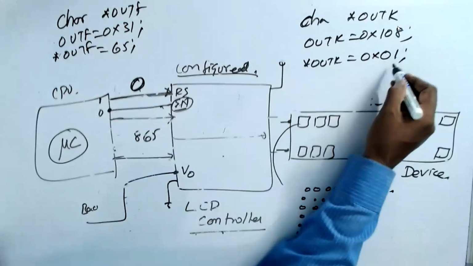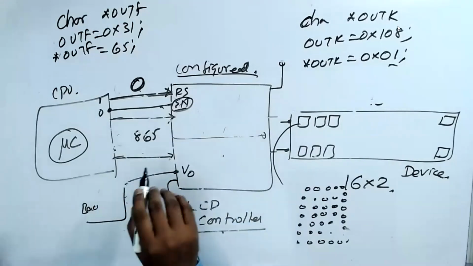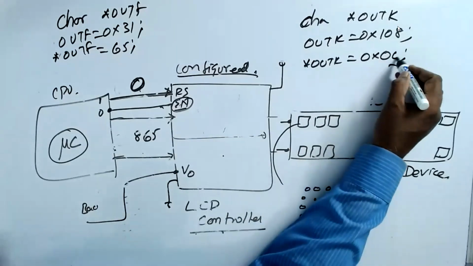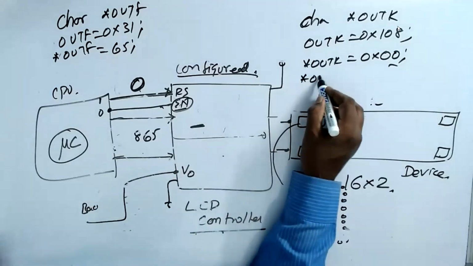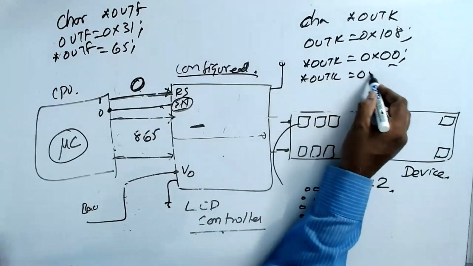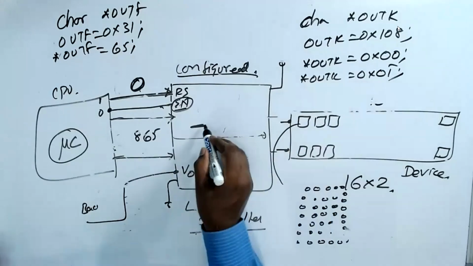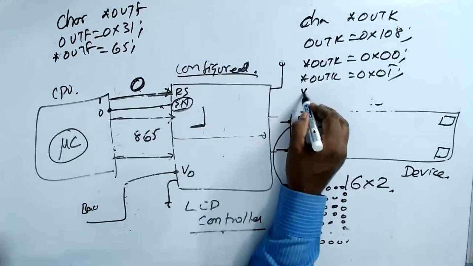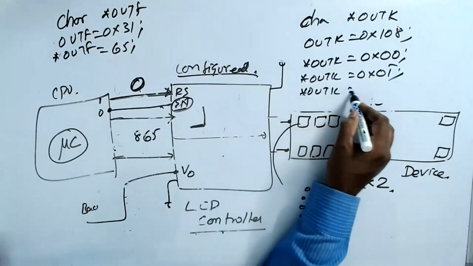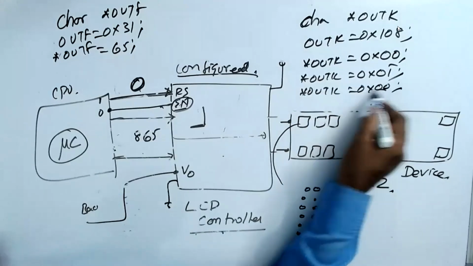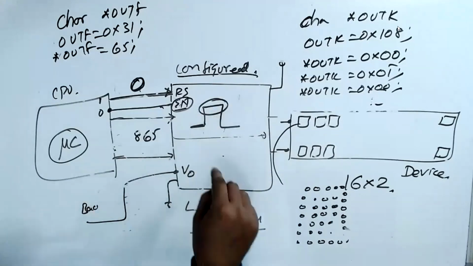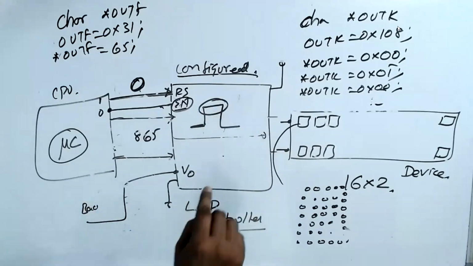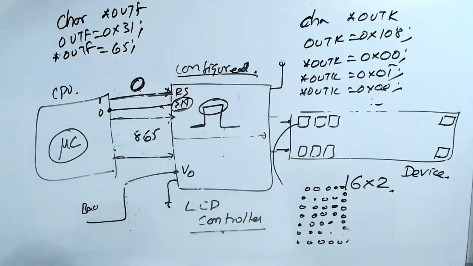See that I'm making it 1. Let us make 0 first. That time that's going to be 0. Then I make star out K is equal to 0x01. I make it 1. Then I make star out K is equal to 0x0. I'm making it 0. I'm pulsing here. This pulse is required by the LCD controller to accept. This is what you don't ask me why.